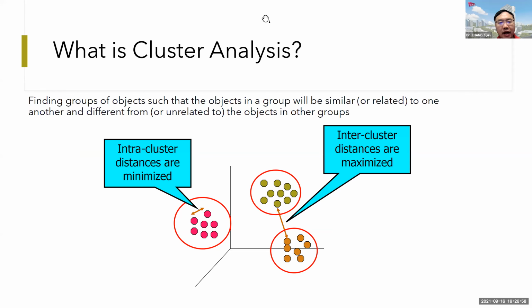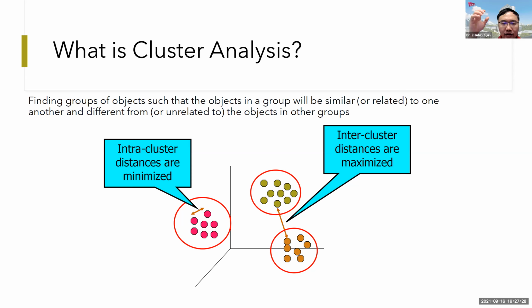Before we talk about the technical details, the mechanisms and principles of these algorithms, first we'll look into what a cluster analysis is, what we want to do in cluster analysis. Basically, in cluster analysis we want to group data points that share the same similarity as one cluster, and group another group of data points that share another similarity as another cluster.